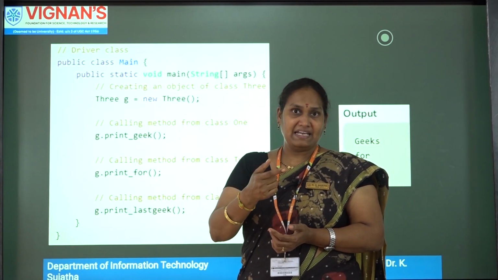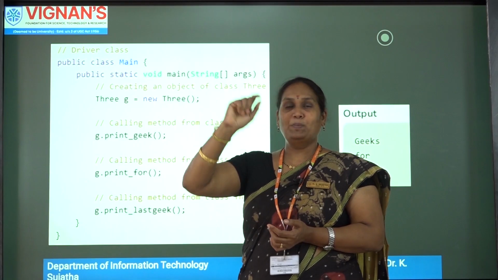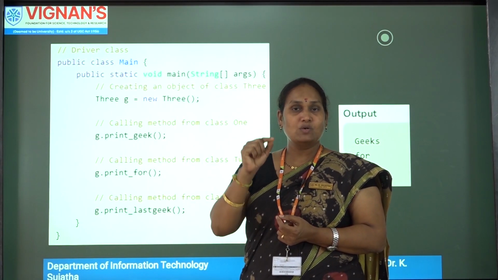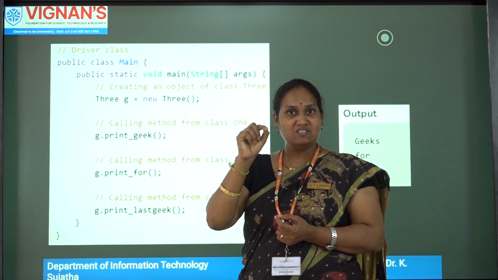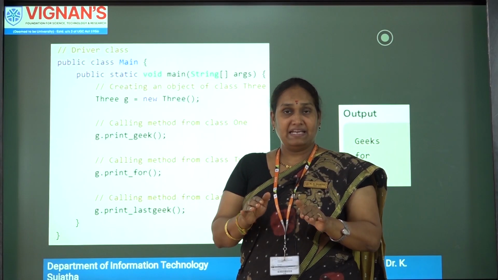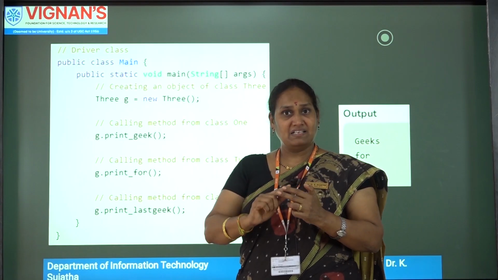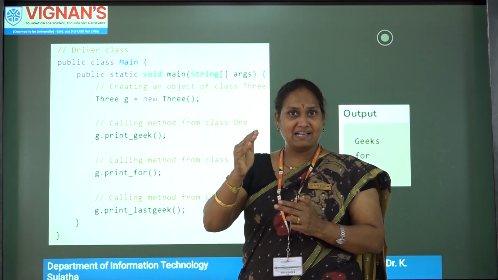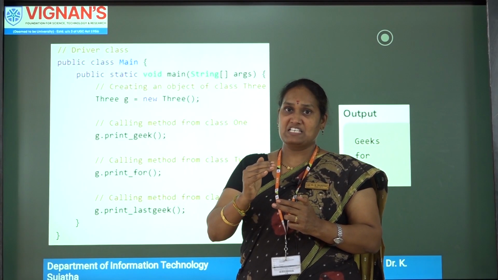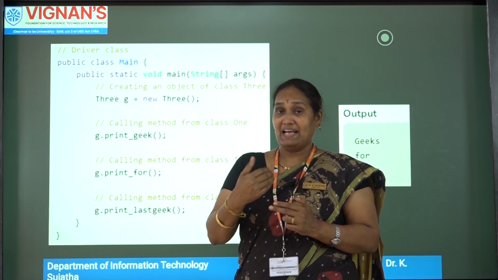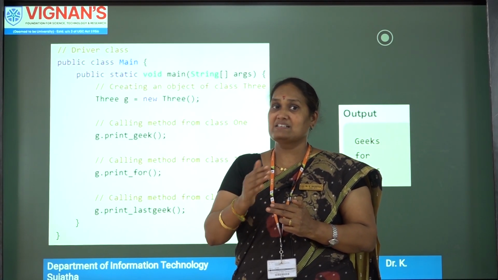If I create an object for the superclass, I can access only the method which is present in the superclass. If I create an object for subclass 1, I can access the method which is present in superclass as well as the method which is present in subclass 1, but I cannot access the method which is present in subclass 2.